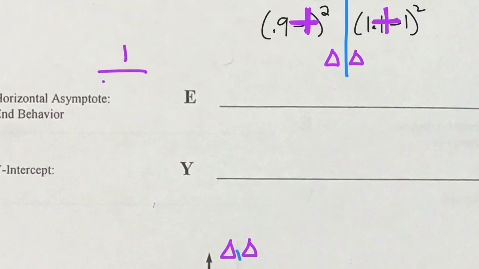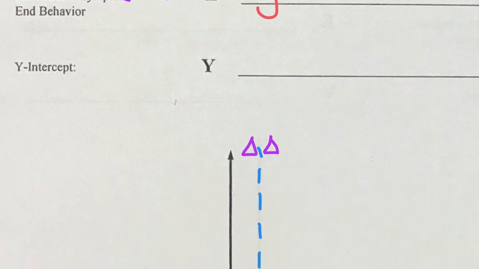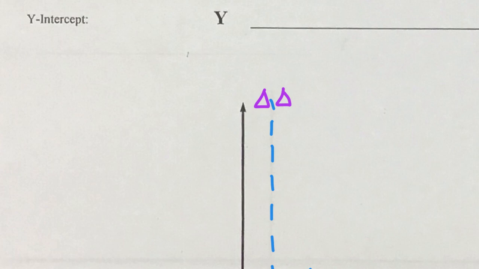So 1 over x minus 1 squared is, hopefully you recognize it as being clearly bottom heavy because there's no x in the numerator. So y equals 0 is the equation of your horizontal asymptote. So we plug that in here. It's along your x-axis. All of that goes there.